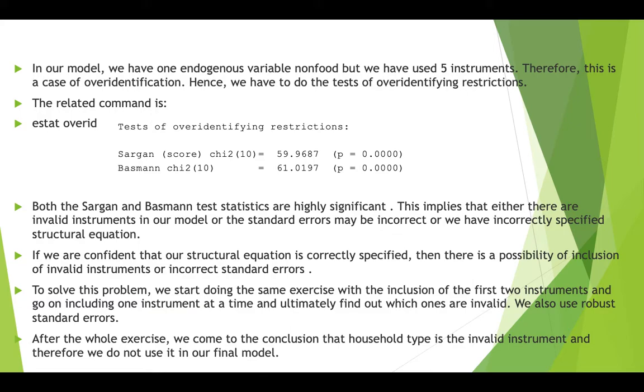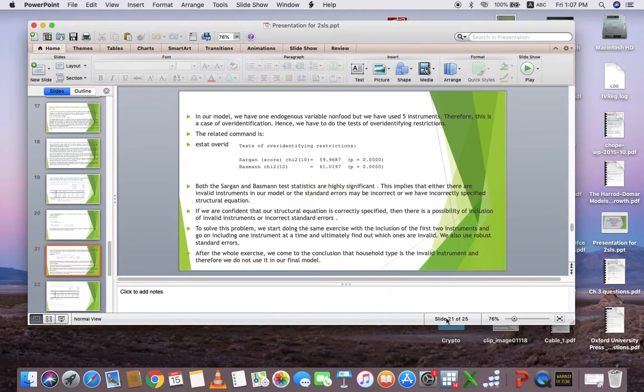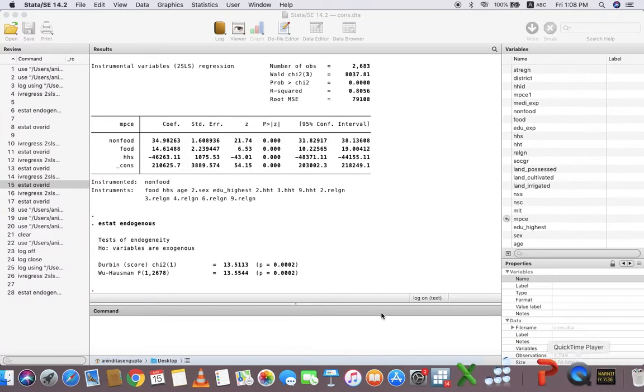So, now we go to the identification problem. That is, we have to do the test for over-identification. For that, another post-regression command is estat overid. If that test is highly significant, then we come to the conclusion that we have an over-identification problem.